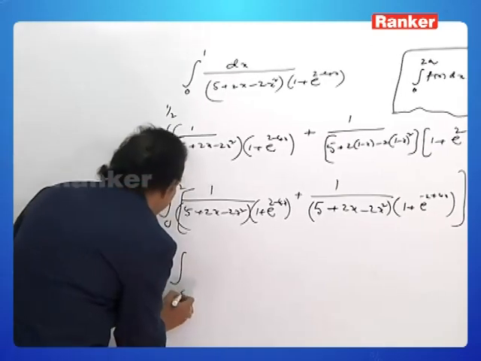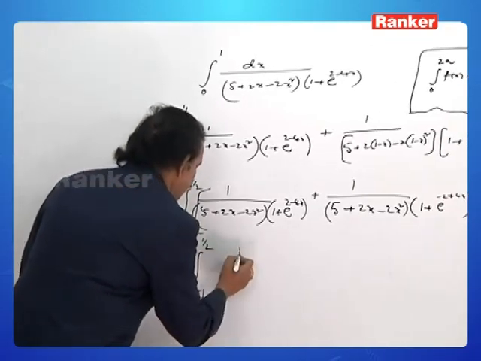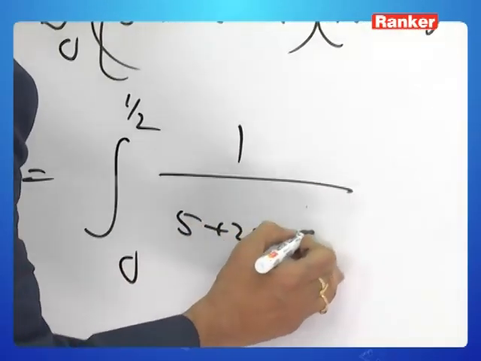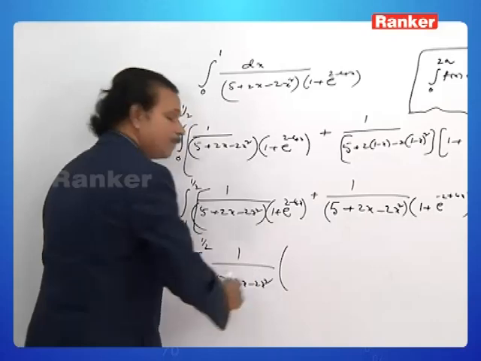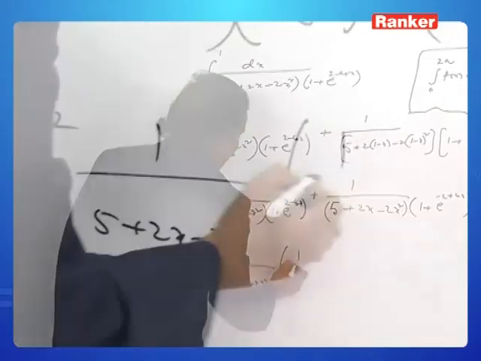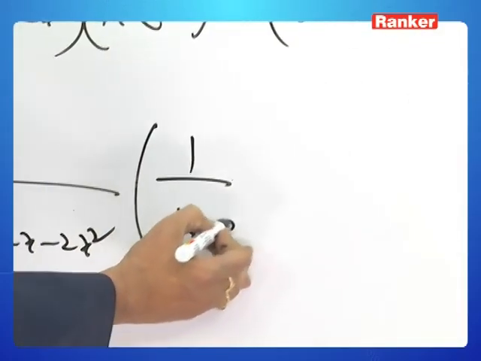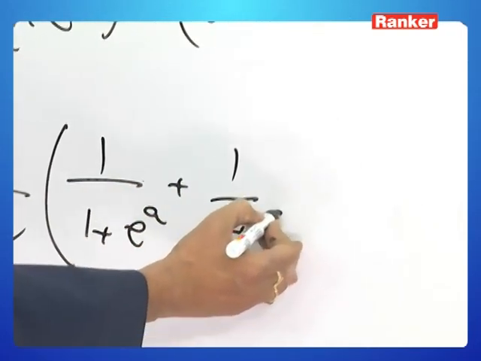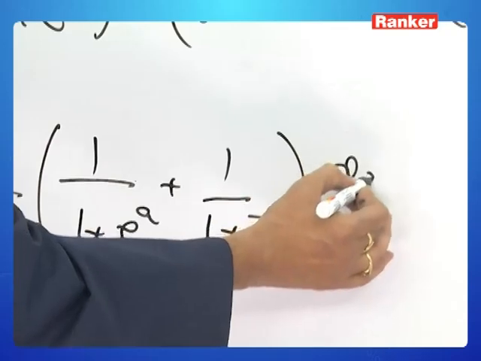So that this is integral 0 to half 1 by 5 plus 2x minus 2x square into 1 by 1 plus e power a plus 1 by 1 plus e power minus a dx.